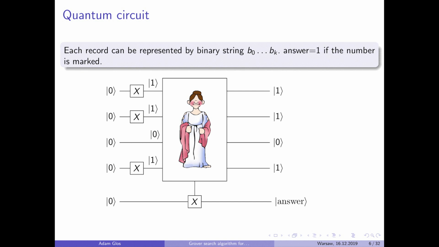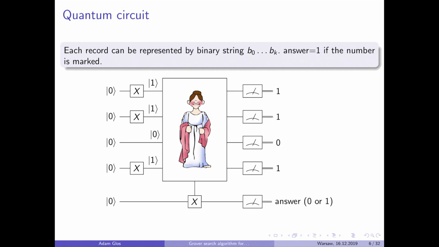And on the last qubit, we have our answer. So the first question is whether this formulation gives us anything. At this point, no. It has exactly the same answer. We obviously have to measure it at the end. At this moment, it doesn't give us anything. We still need to generate each possible number and check it at the end.